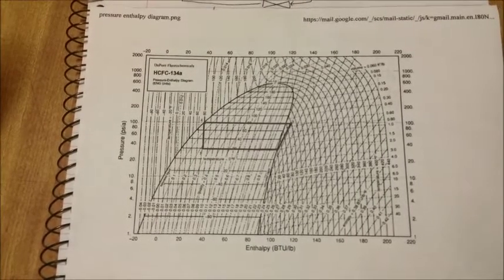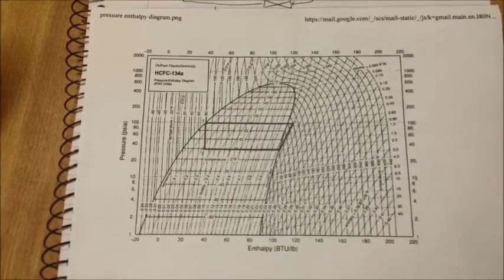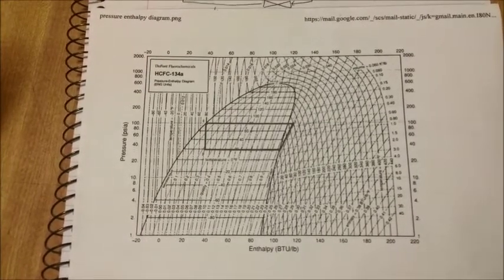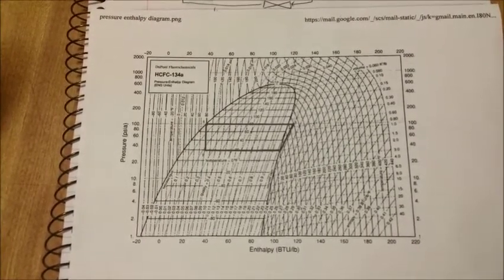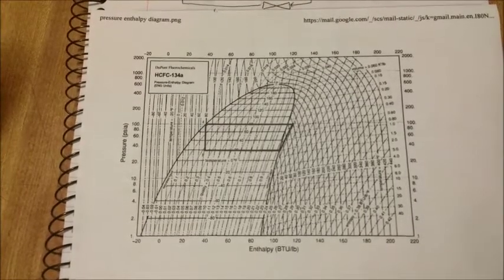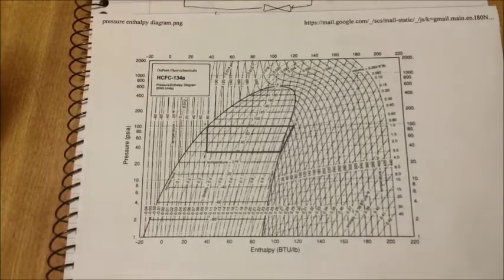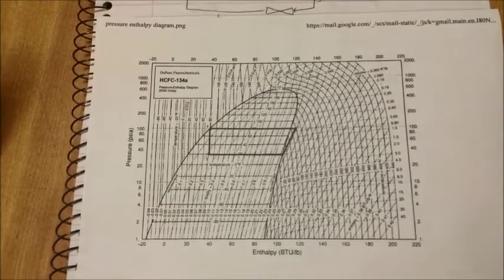Once we know two intensive variables, such as temperature and pressure, or enthalpy, all of the other variables can be found using the pressure enthalpy diagram. We now know the temperature, pressure, and enthalpy of the streams exiting the condenser and the evaporator.